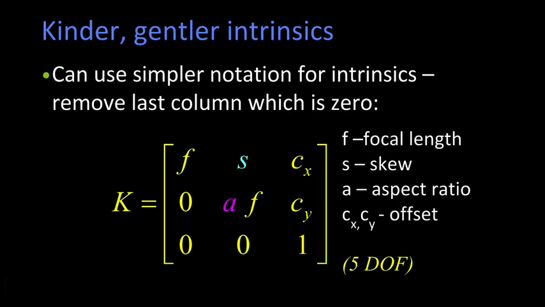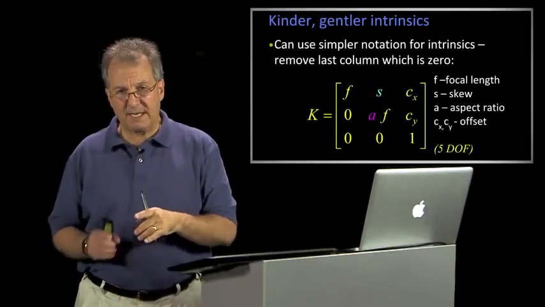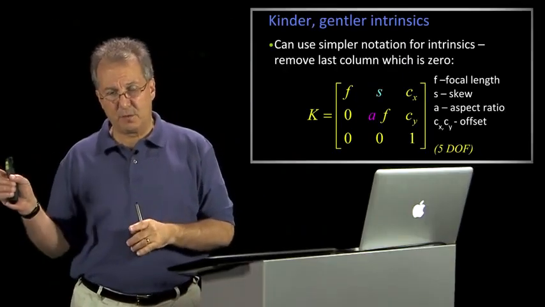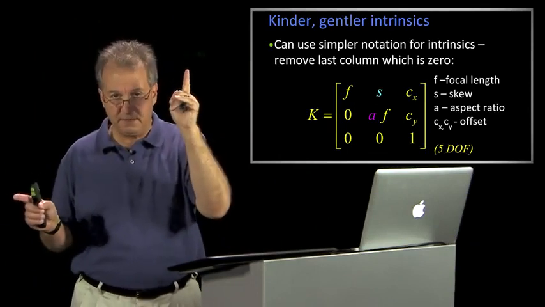Like I said, we're going to remove that last column, and we've gotten rid of the explicit thetas and things, and you'll notice that we have 5 degrees of freedom. We have F, which is focal length, A, which is aspect ratio, S, which is for skew, and CX and CY, those are the offsets. By the way, remember I said that we could have two different scales, a scale for U and a scale for V?